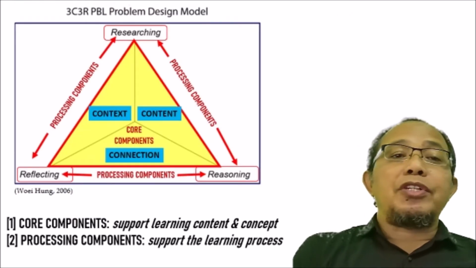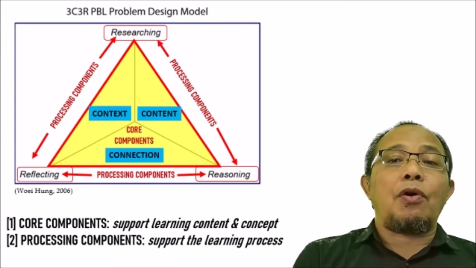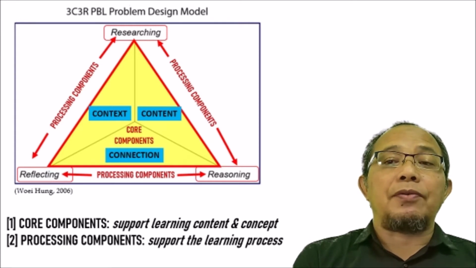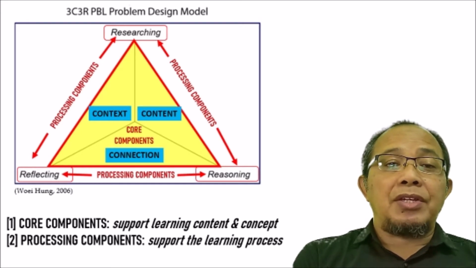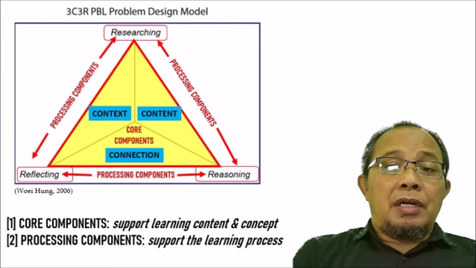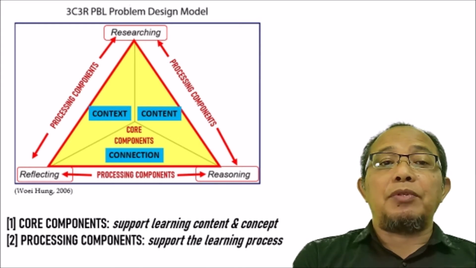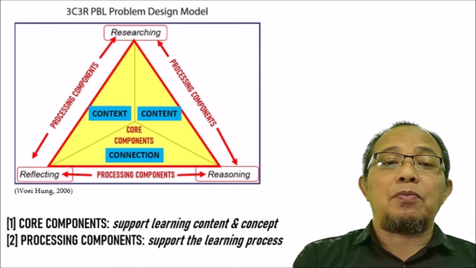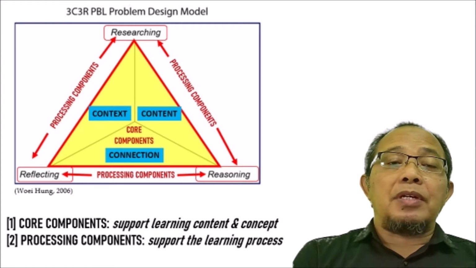The model proposes two main components, the core components and the processing components. The core components support the learning of content and concept and consist of content, context, and connection, whereas the processing components support the learning process and consist of researching, reasoning, and reflecting. Having understood this model, PBL practitioners should be able to find the best way to apply it in their problem design process.